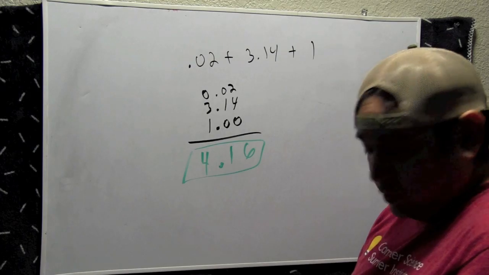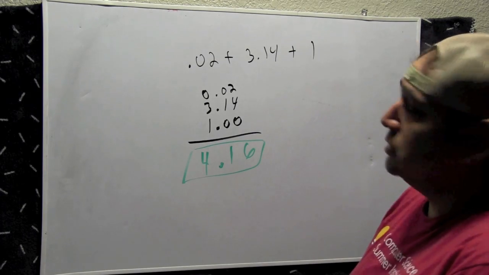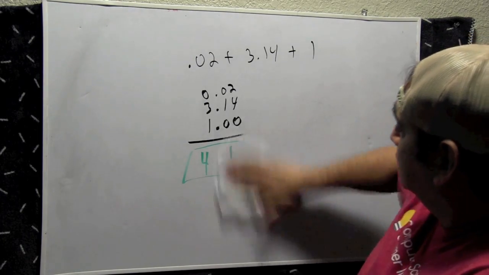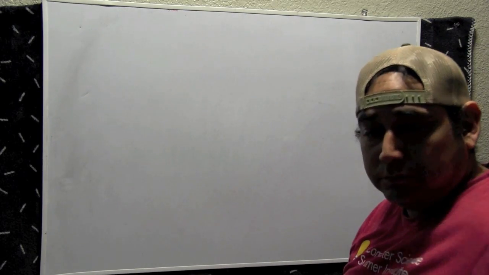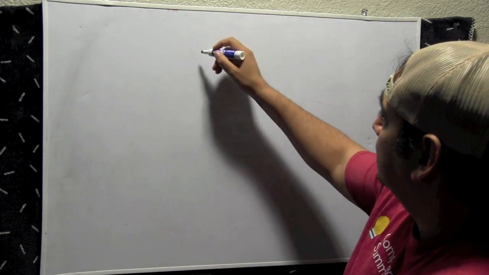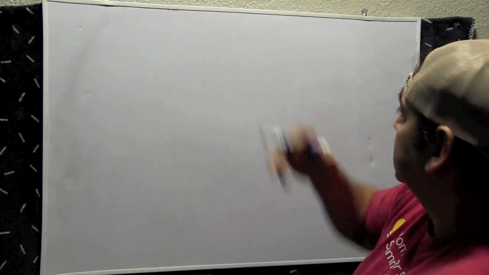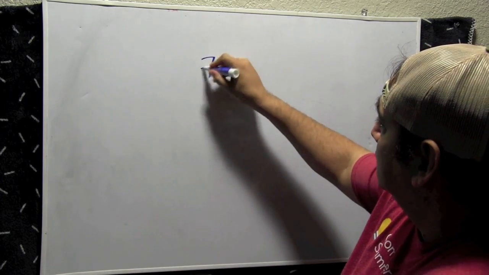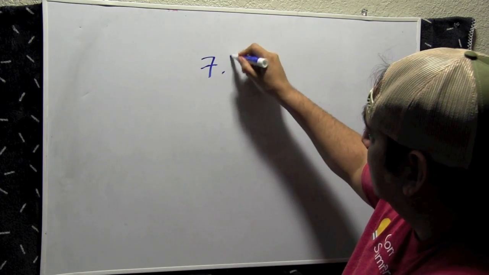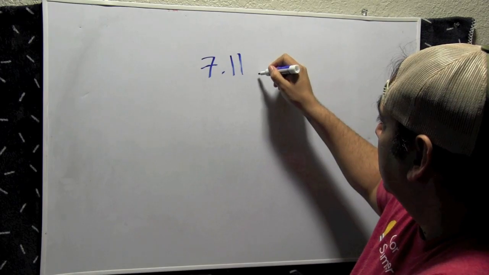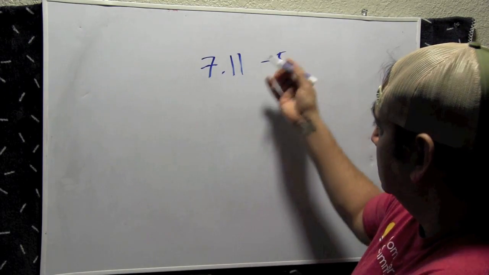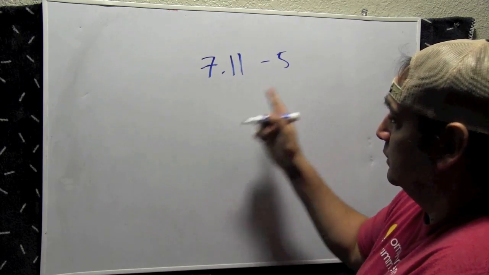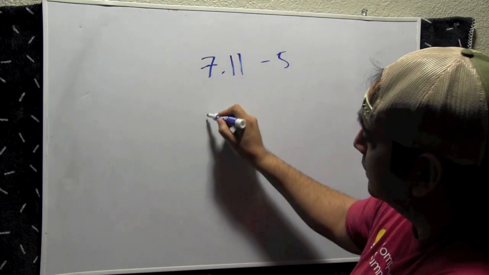All right, so now we're going to move to subtraction. It's pretty much the same thing. 7.11 minus 5. You align up the decimal points.